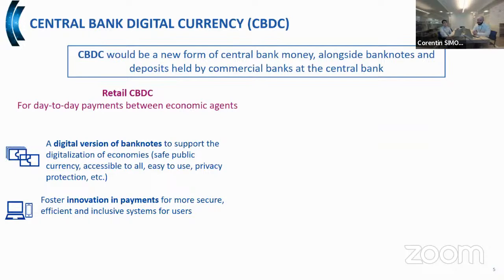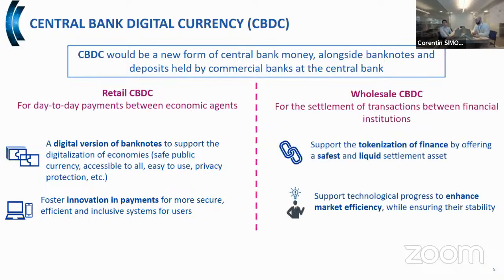The other goal is also to foster innovation in payments, for more secure, efficient, and inclusive systems for users. On the other side, we have the wholesale CBDC, with another context, because we already have a kind of digital form with the scriptural money, the blue box that we had on the right in the previous diagram, represented by accounts of commercial banks within the central bank.